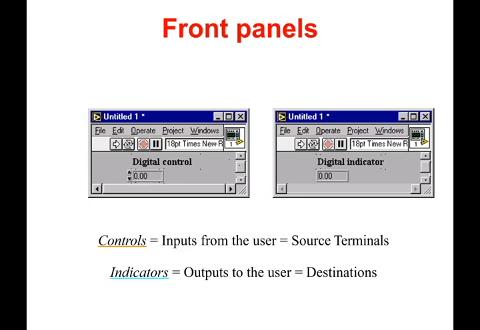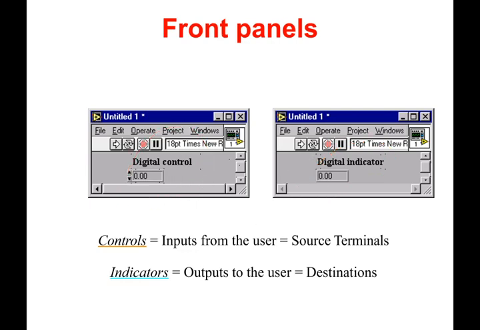But we need to talk about each part of the front panel. Now, there is a difference between a control and an indicator. A control is an input from the user, a source terminal. But an indicator is an output to the user, a destination. For example, your sampling rate can be a control, but the frequency you're going to see is an indicator, or the output that you can see. But we can, of course, transform these two into each other.